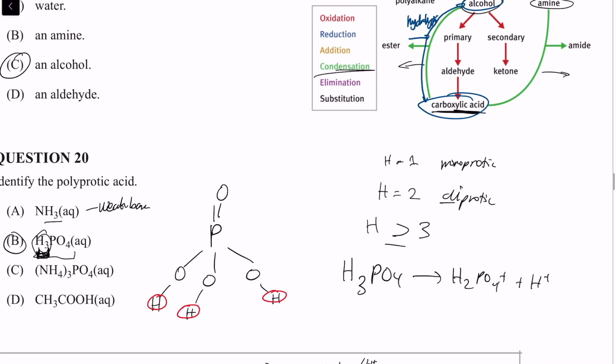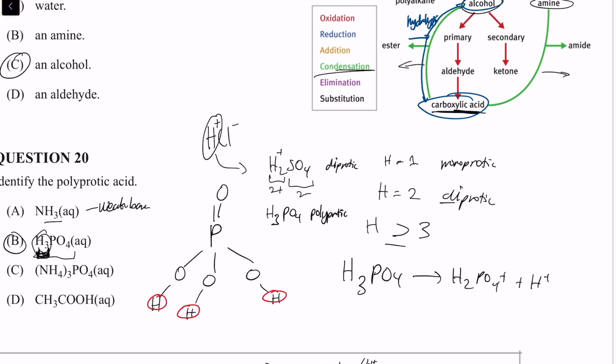A monoprotic acid would be like hydrochloric acid, because it has an H plus and a Cl minus hidden in there, and we can just take out the H. We have H2SO4, which is diprotic because we have H2, each H is a plus, but given there are two, we have a 2 plus charge, and SO4 is a 2 minus charge. And then H3PO4 is, as we said, polyprotic.